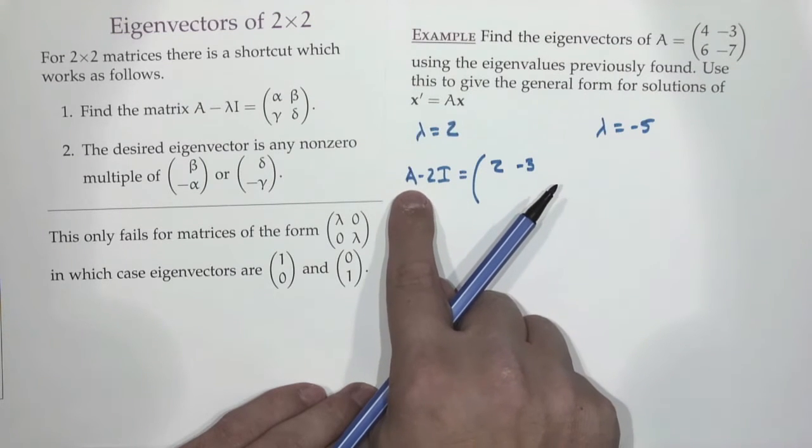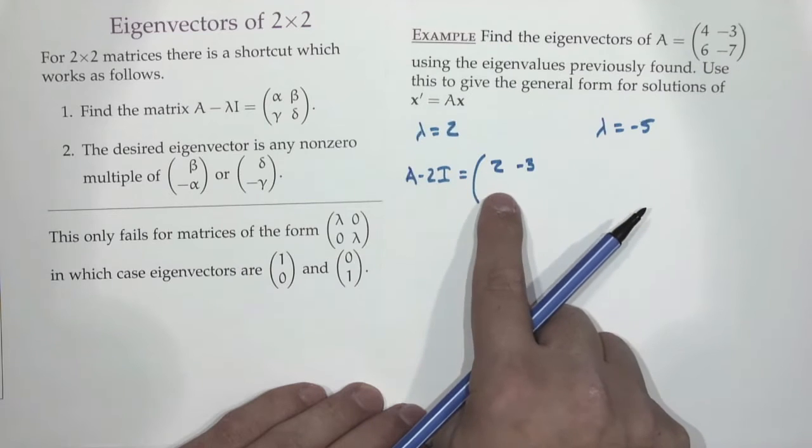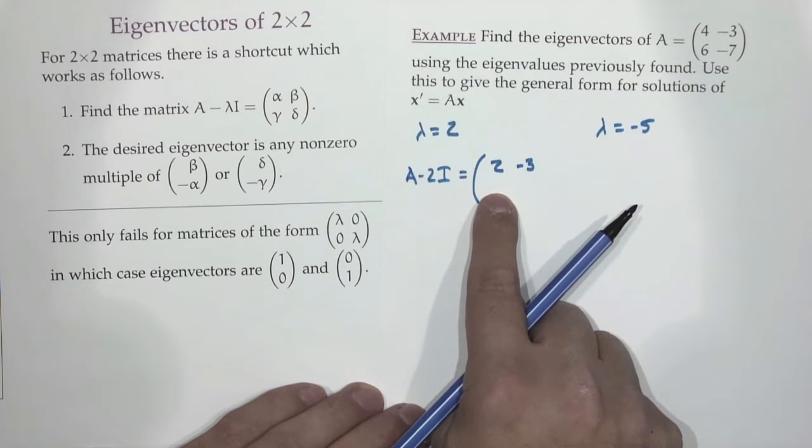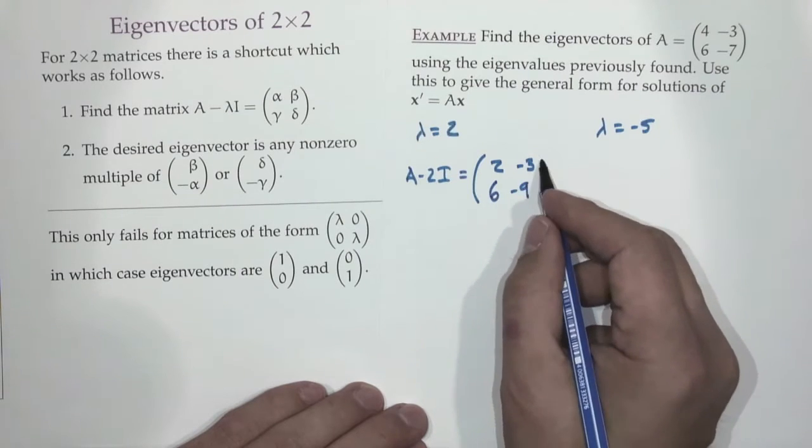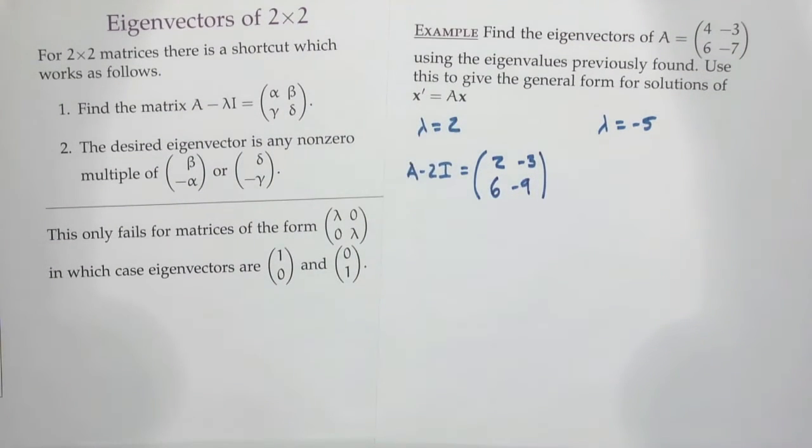So it's A where you subtract 2 on the diagonals. All right, what's the entry down in this corner? 6 and negative 9. Okay, that's A minus 2I.